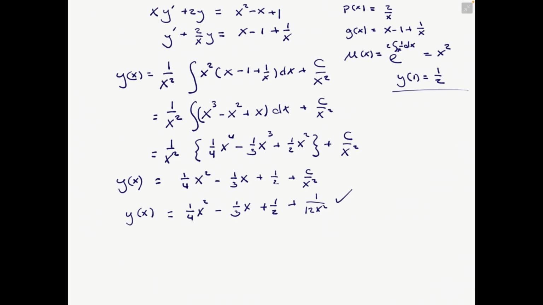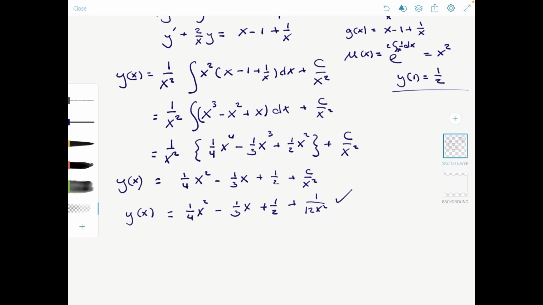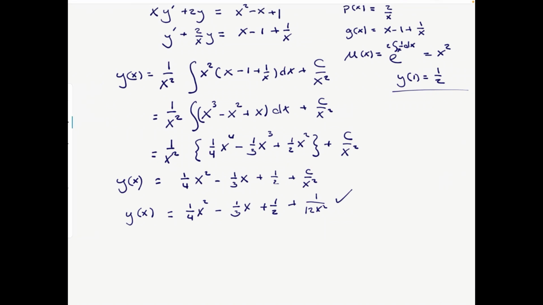And we really screwed up the math. I was putting 1/2 in for the variables, and it was 1. It was y of 1 equals 1/2.